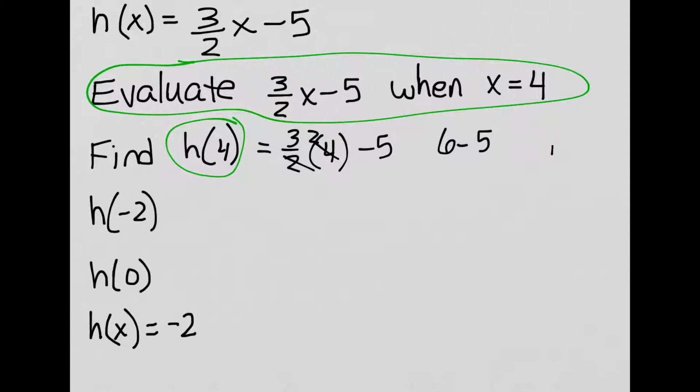So I could write it this way, h of 4 equals 1. But I also want you to remember that normally we say h of x. There's usually an x right here, right? And I've told you before, you can replace h of x anytime you want with y. If you're confused, h of x is the same as y.